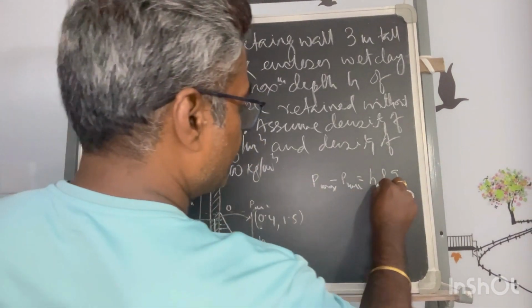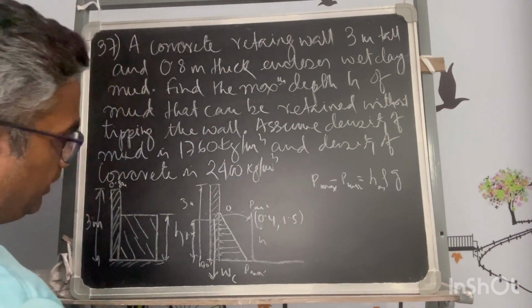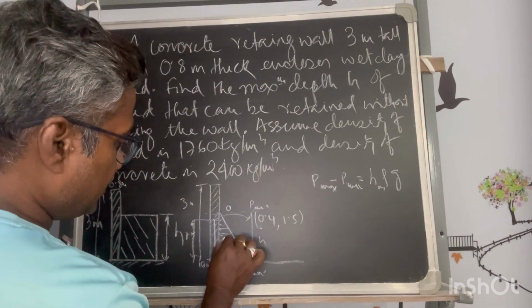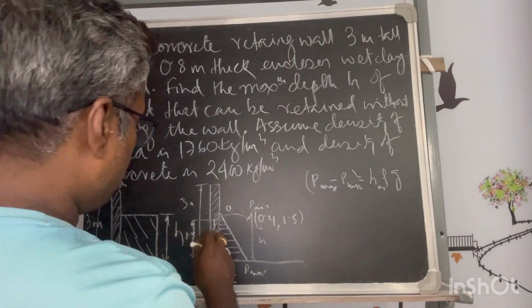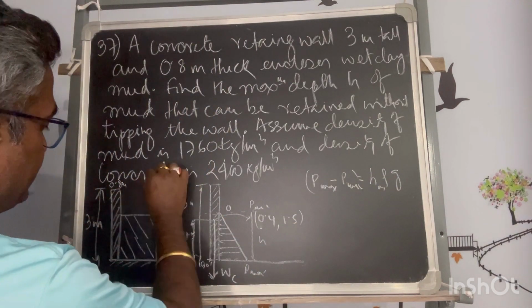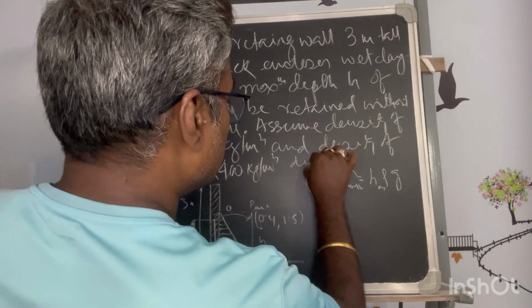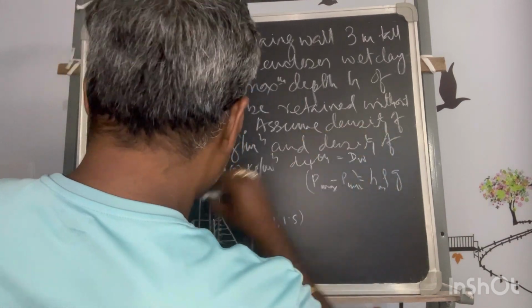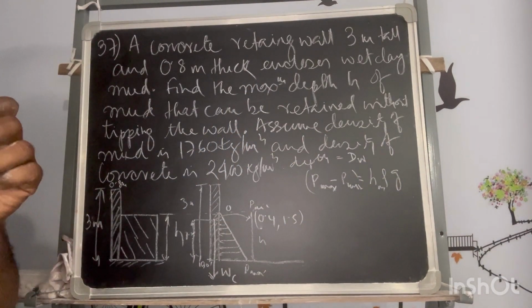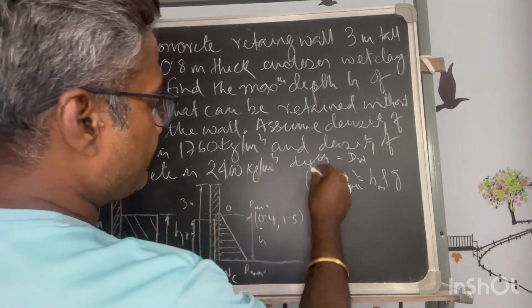This is the variation, this is the triangle it is forming. The concentrated load is acting on the wall, and we are assuming the depth of the wall is dw. We can consider this because this dimension is the same for the mud and the wall.